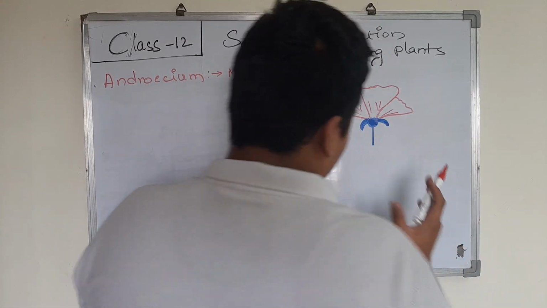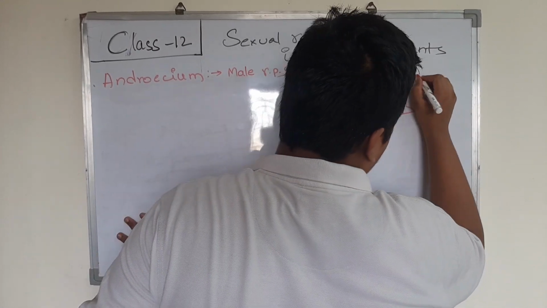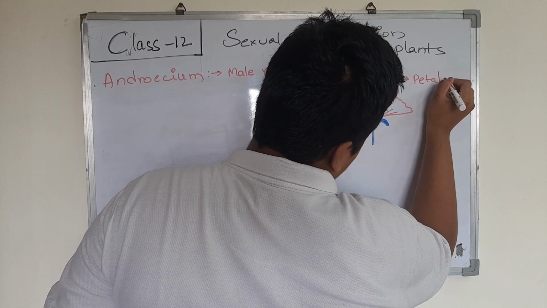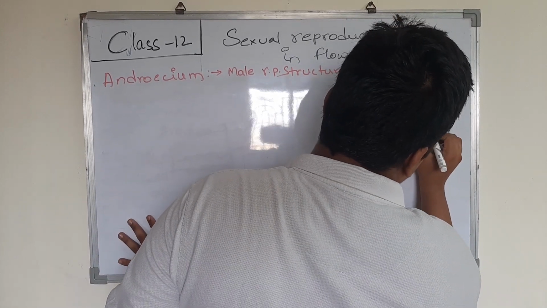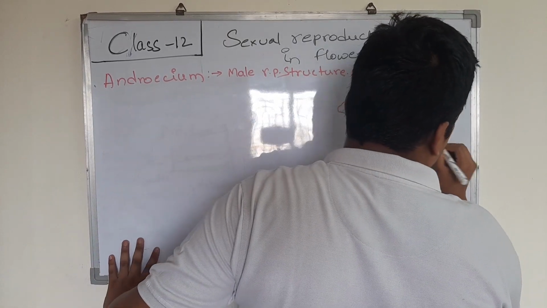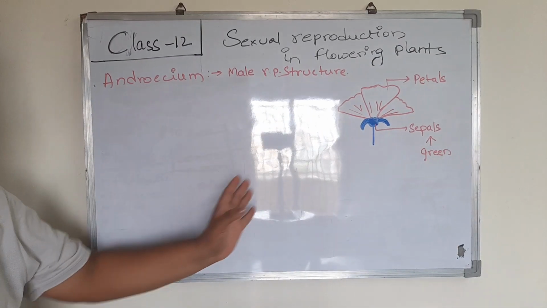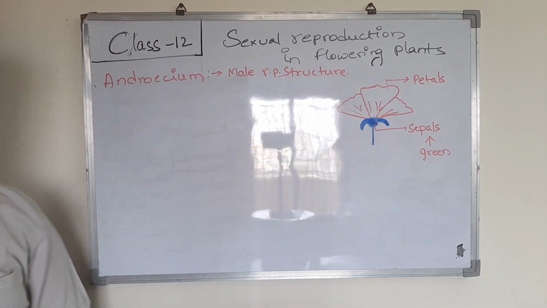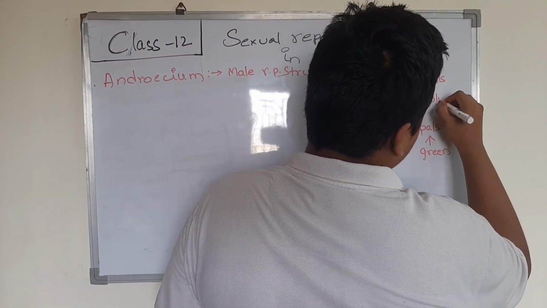Here, if you see a flower generally like this, you see two whorls. One is your petals, which are very colorful. The second one is your sepals, which are green in color. The function of these sepals is to protect the flower when it is in the bud stage.